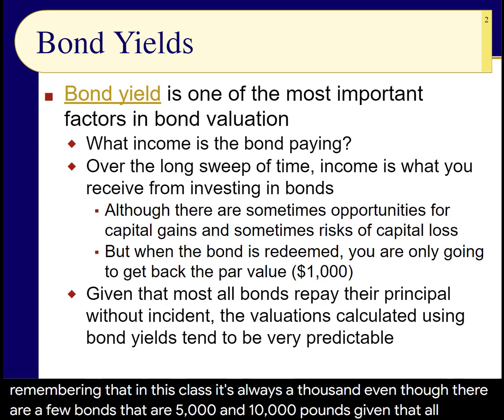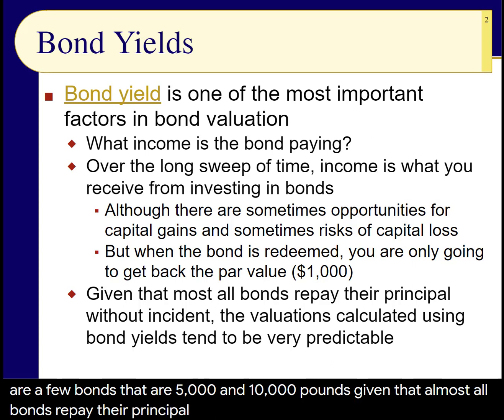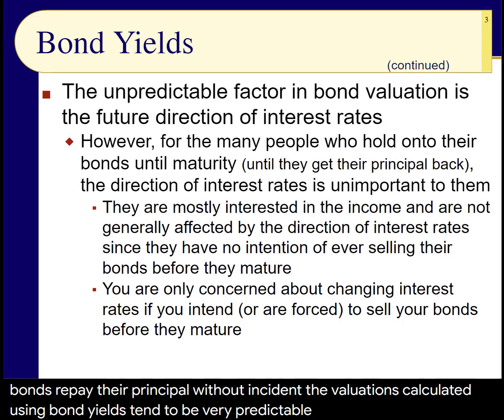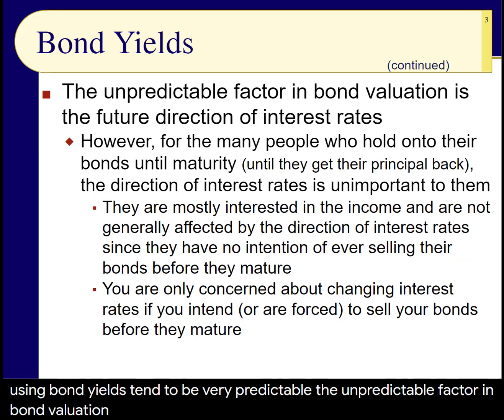Given that most all bonds repay their principal without incident, the valuations calculated using bond yields tend to be very predictable. The unpredictable factor in bond valuation is the future direction of interest rates.